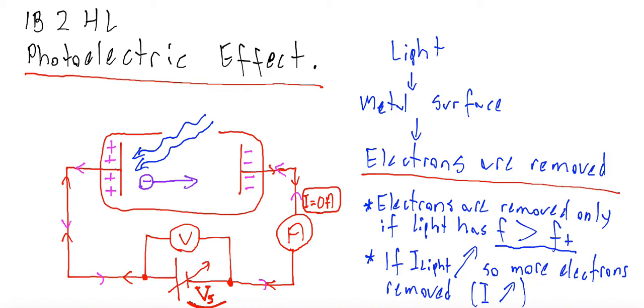Okay, so these two observational facts are very, very important for explanation, because these observations cannot be explained by using the wave nature of light. In the wave nature of light, I hope that you know that intensity of light is related with the amplitude of light, which is related with energy of light.